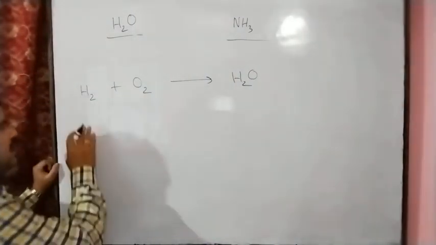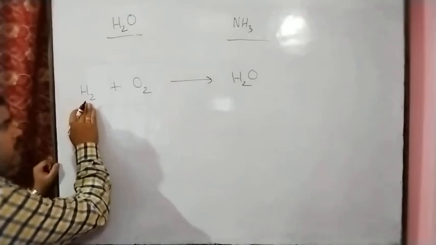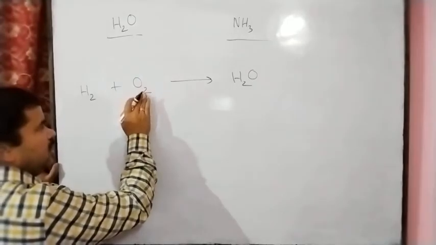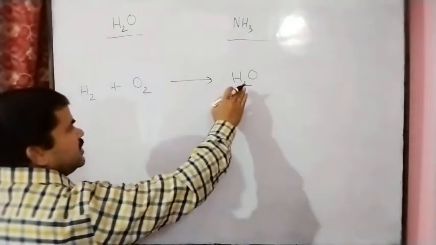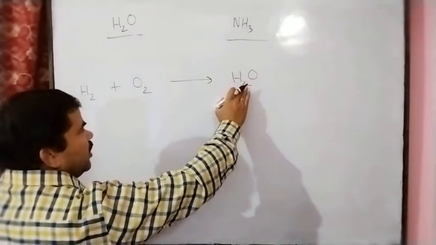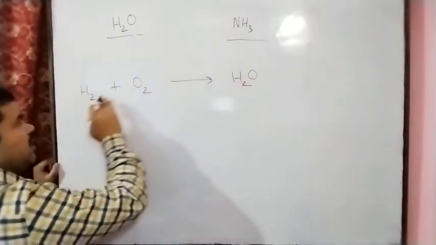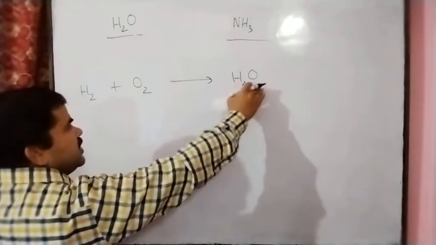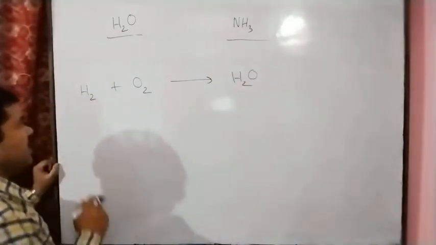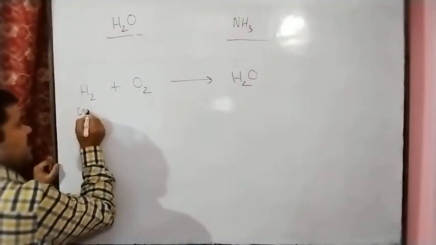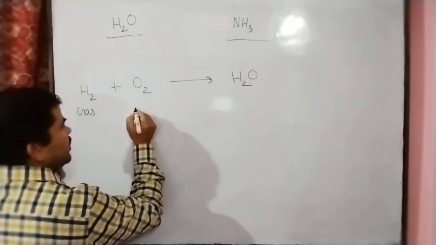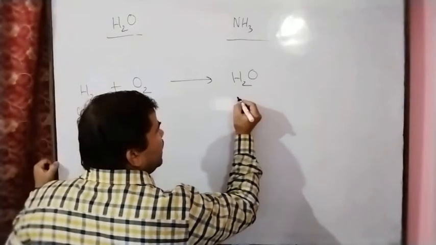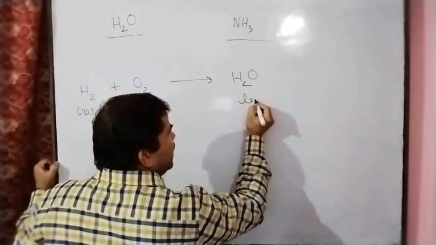So here we can see hydrogen, this is the molecule of hydrogen element, oxygen, this is also the molecule of oxygen, and this water, this is the molecule of the compound. Here the hydrogen is in gaseous form, and oxygen also is in gaseous form, and we are getting the water, and this is generally found in the liquid state.